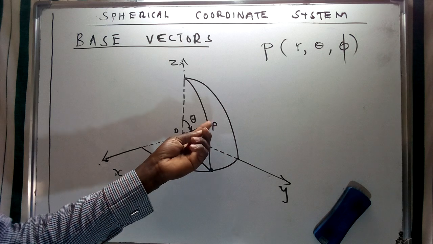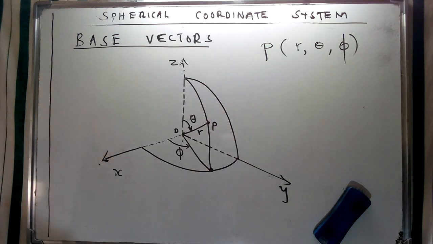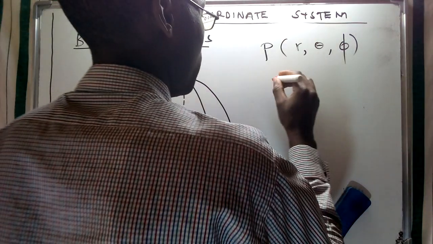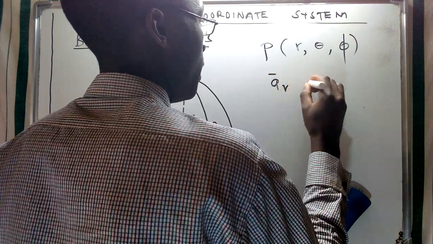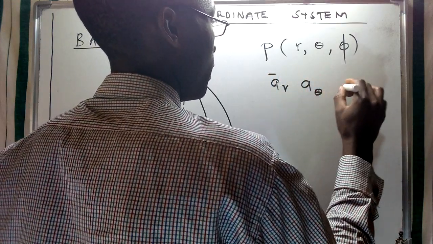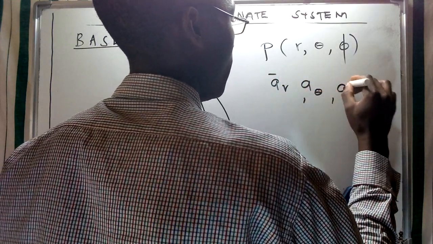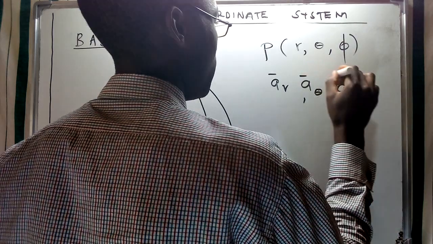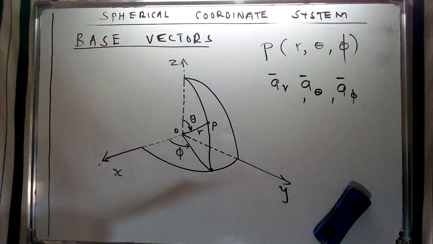The interaction between those three surfaces forms point P, and therefore we can define three unit vectors in the r, theta, and phi directions using the notations a_r, a_theta, and a_phi respectively.